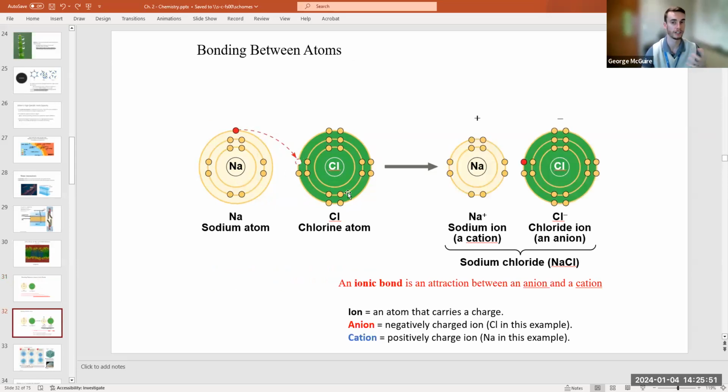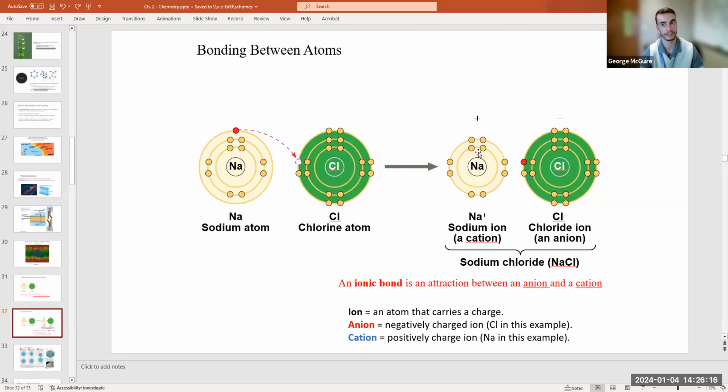So when sodium and chlorine come into close contact with each other, sodium will give away that valence electron to chlorine. It then loses that outer shell and now has a full valence shell left behind. And chlorine now has a full valence shell. Okay. But since we have exchanged electrons, sodium now has 1 less electron than it does proton, right?